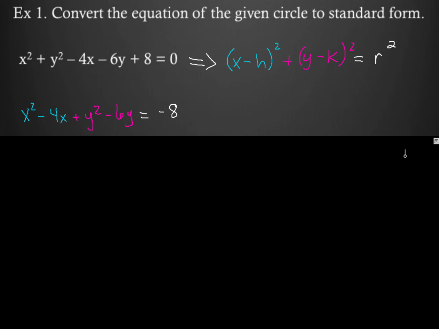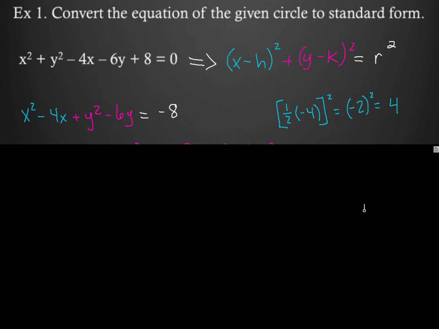Now here's where the completing the square part comes in. And this is where you have to be really super careful. For the x terms, what you have to do is think, what's half of negative 4? So half of negative 4 is just negative 2. Now when I square that, I get the value of 4. We're going to do the same thing for looking at negative 6.